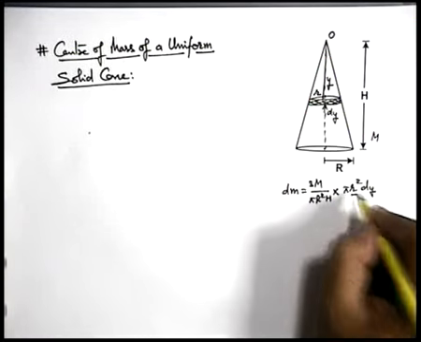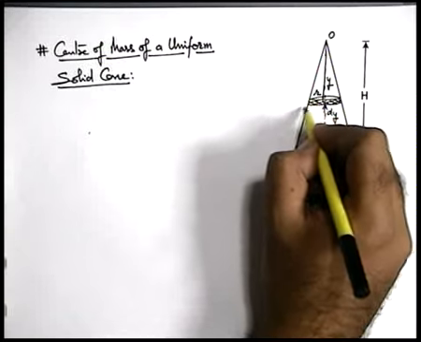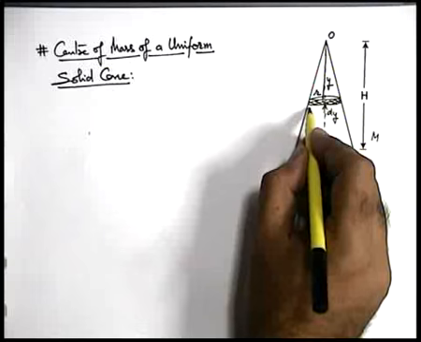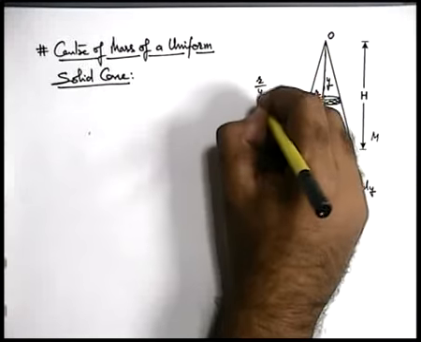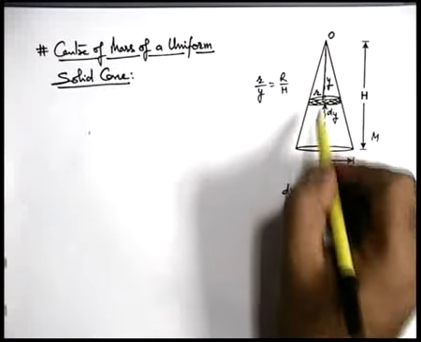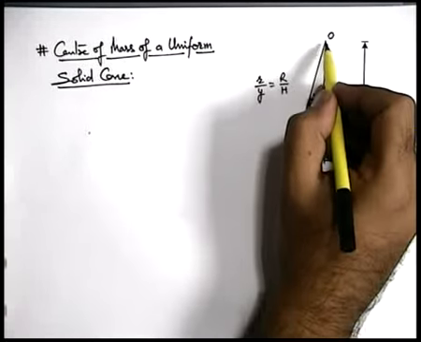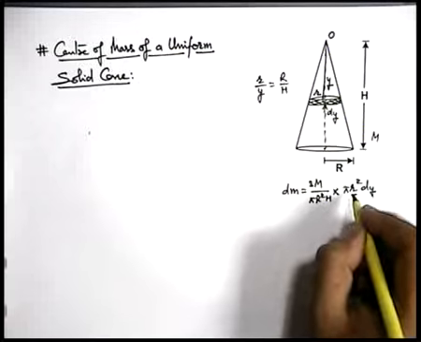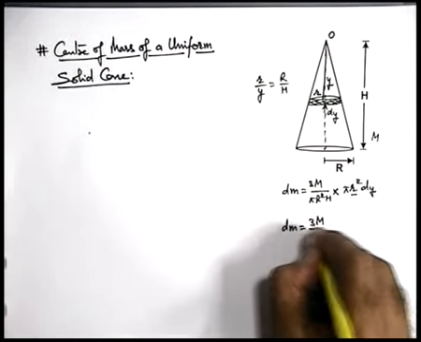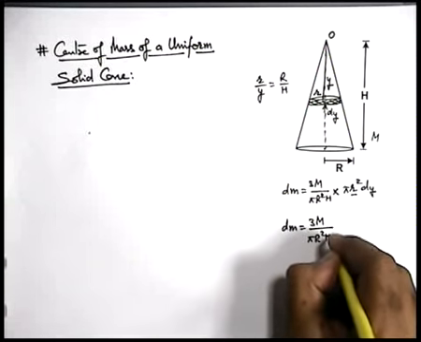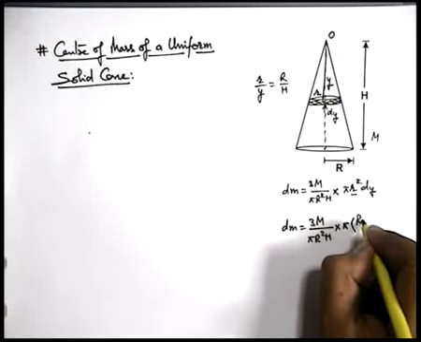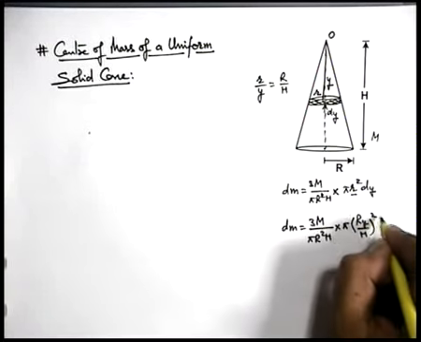In this situation, the radius of this disk can be calculated simply by the similarity of these triangles, one smaller and the other larger. So I can write r by y is equal to capital R by h. This will give us the value of small r. So we substitute, and we get dm as 3m by pi R square h, multiplied by pi, and the radius can be written as R y upon h, whole square, into dy.